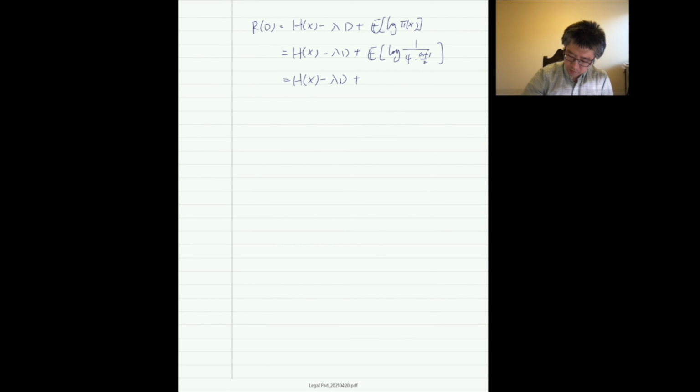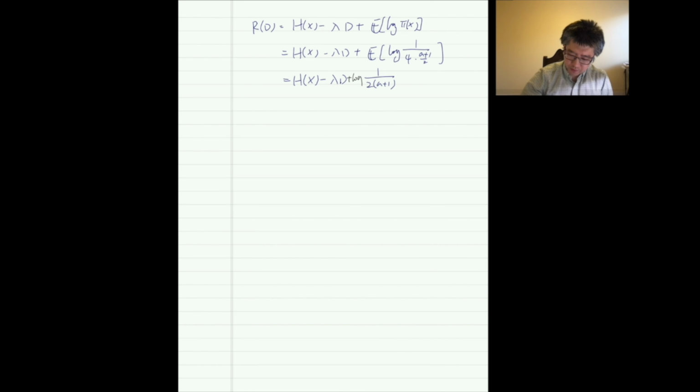Yeah, since x is uniformly distributed, the expectation doesn't matter. Okay, so we get 1 over 2 a plus 1. Okay, and the next step is that, oh, we miss a log here, right?